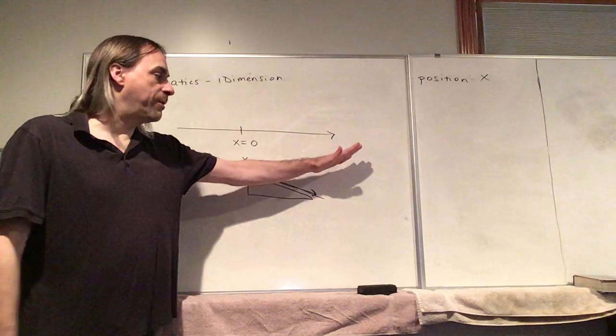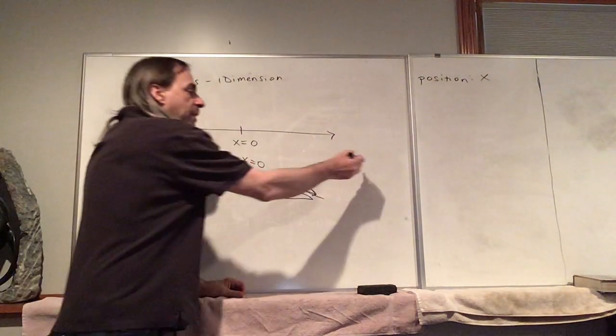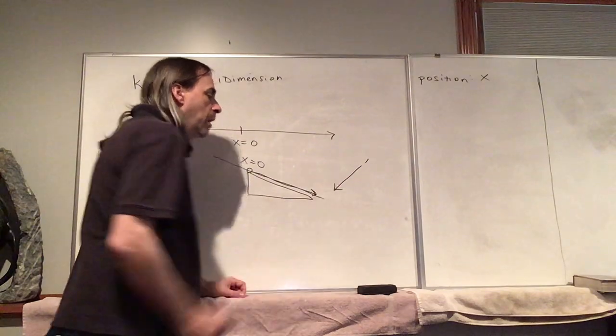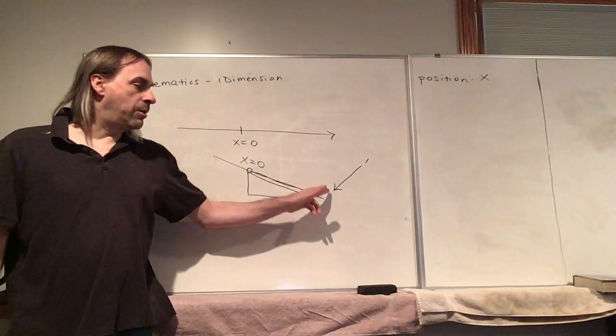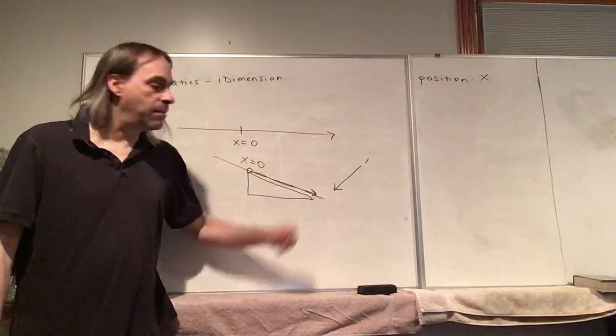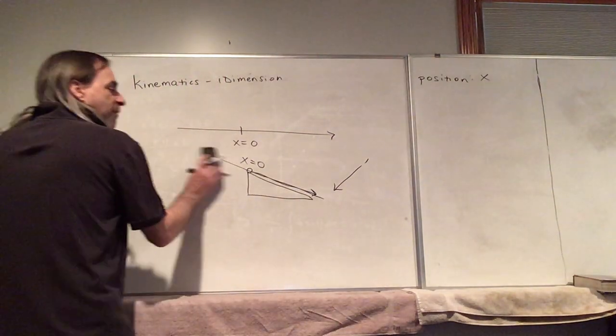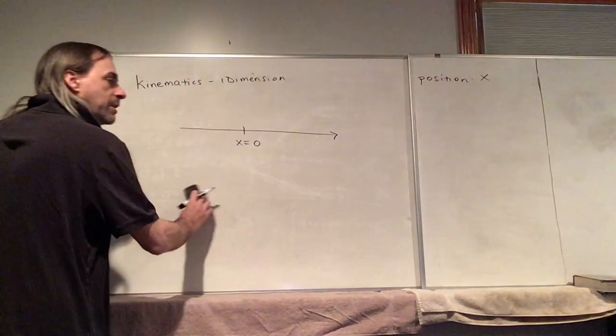And if we drew the slope the other way, it would be moving in this direction. Because it's moving in that direction, we could call that our positive direction, even though it's pointing to the left. So we have a lot of freedom when it comes to defining coordinate systems.